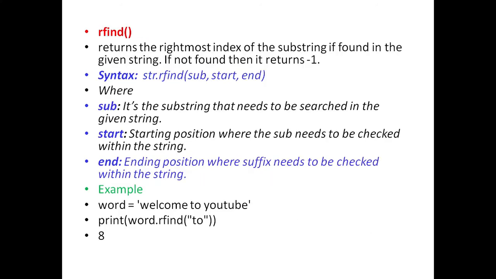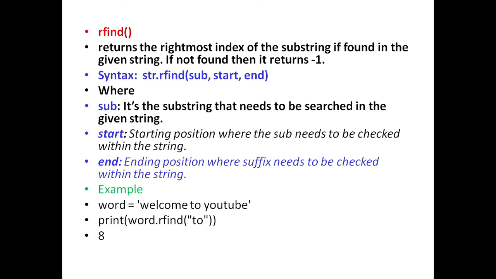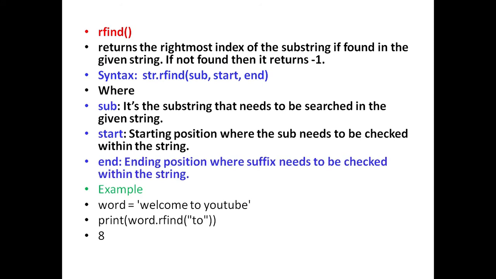Next is rfind. This function returns the rightmost index of a substring if found in the given string. If not found, it returns -1. General syntax is string.rfind(sub, start, end), where sub is the substring that needs to be searched in the given string, start is the starting position where the sub needs to be checked within the string, and end is the ending position where the sub needs to be checked within the string.